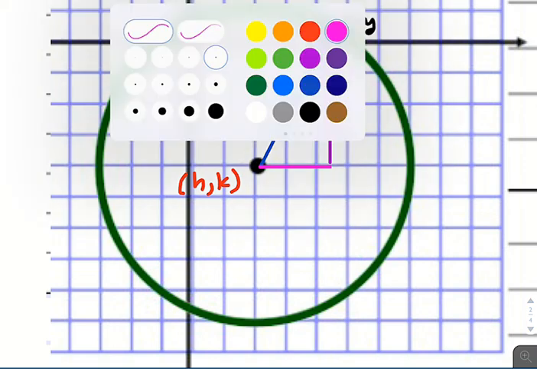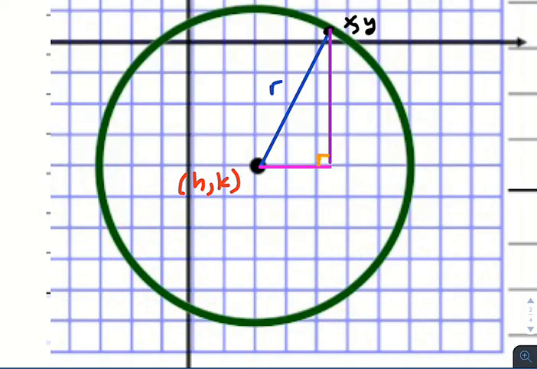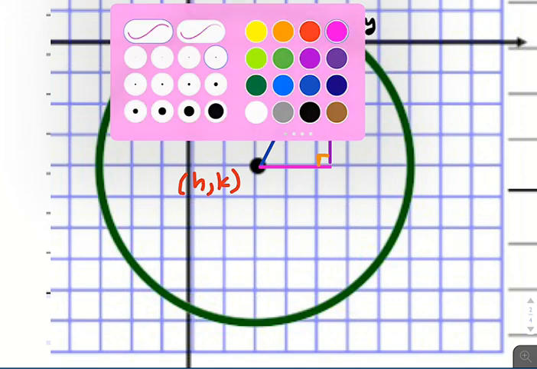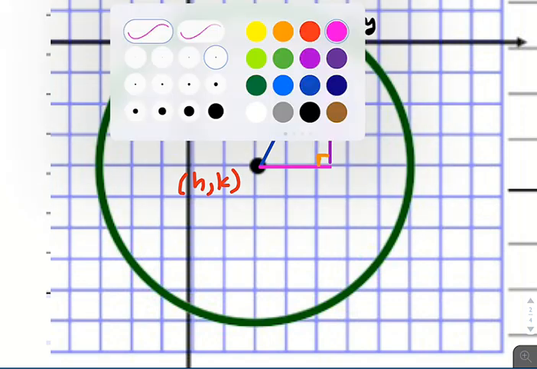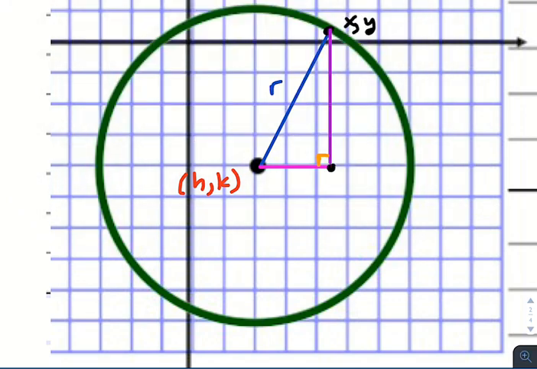Again, let's go ahead and label this point, and we'd better be super careful here, because if we notice, this is going to be on the same horizontal line as my center h, k, and so it should take the same y value. Okay, so this is going to be something comma k, but it's on the same vertical as my upper point, which means it should have the same x value, which is just x.